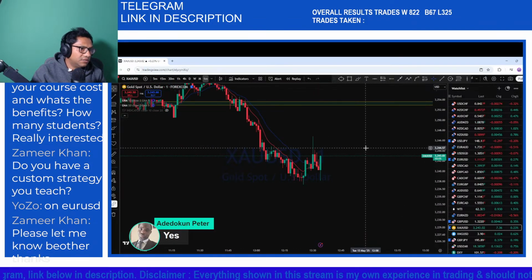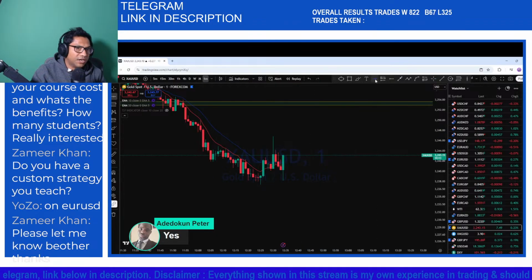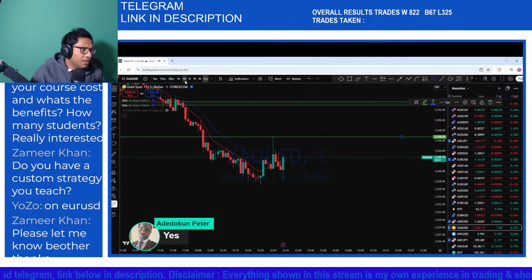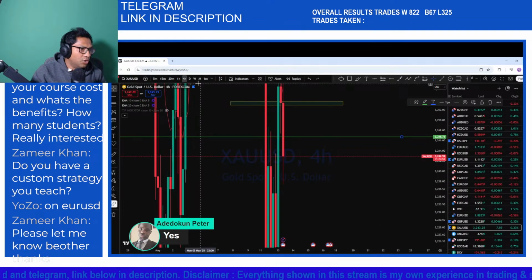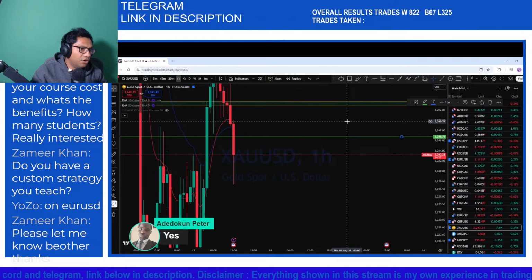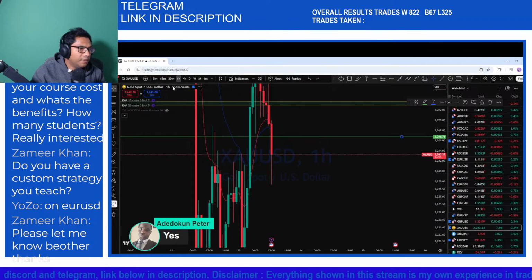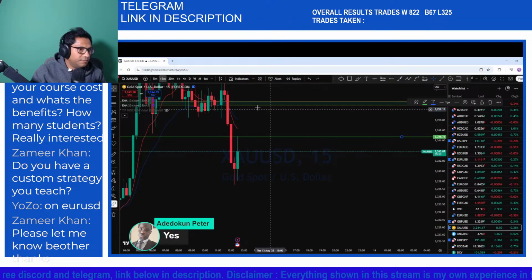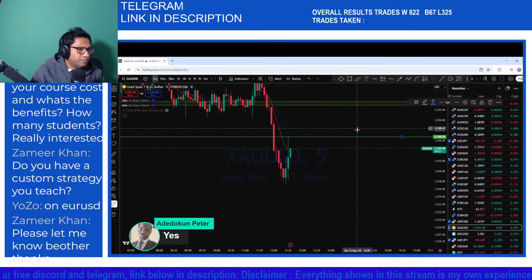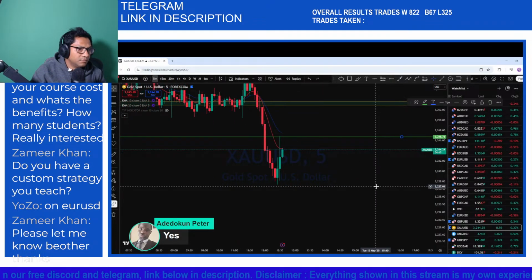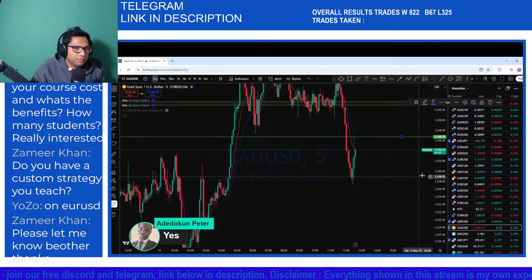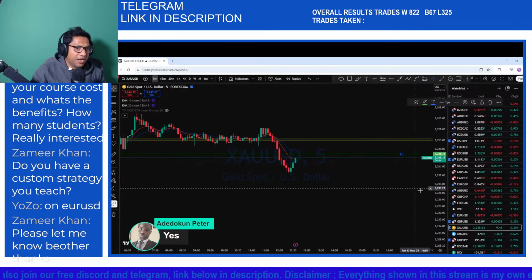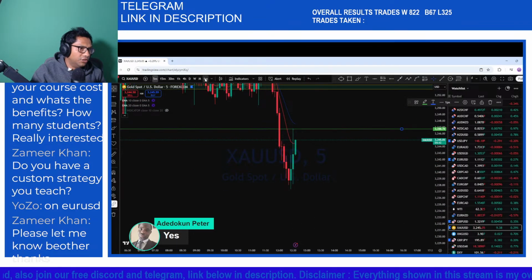some deeper liquidity grab. This is the current resistance line. Let's wait to see if the market is going back up again here for another liquidity grab. Yeah, there might be some deeper liquidity grab here.